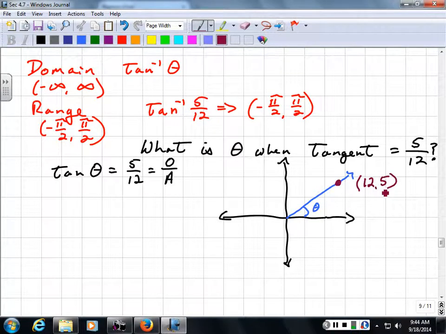Why is it going to be 12 comma 5? Because opposite is going to be my y, adjacent is going to be my x. And if I draw a right triangle, I know that this side is 5 and this side is 12, which means that I can easily figure out what the hypotenuse is.